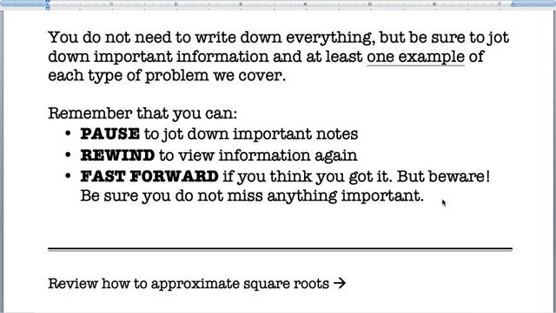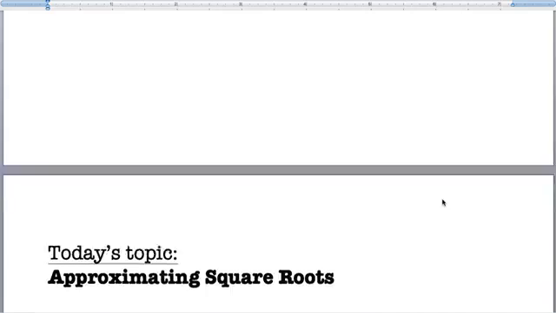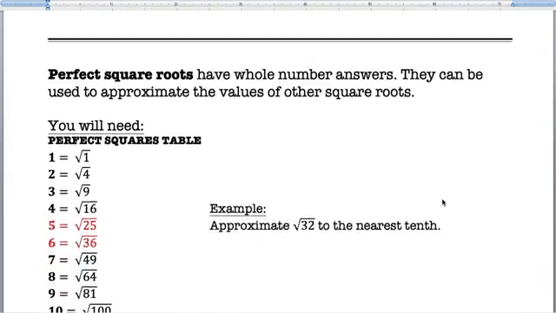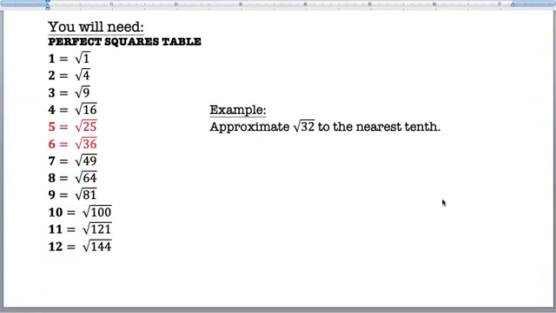The only thing that we have to talk about before we go over some example problems is review how to approximate square roots. So what does that mean? Remember that when you have an imperfect square root, like the square root of 32, you're going to want to look at your perfect squares and then see which two perfect square roots it falls in between.